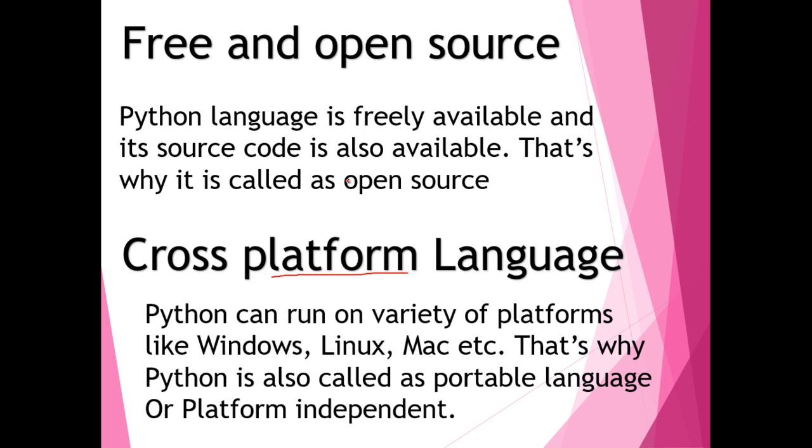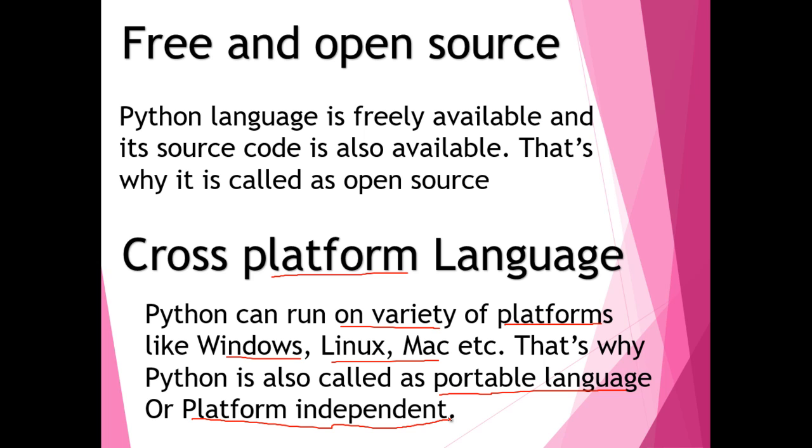So the second point is that Python can run on a variety of platforms like Windows, Linux, Mac, and so on. That's why Python is also called a portable language, or a platform independent language. As I told you, platform basically refers to the operating system.